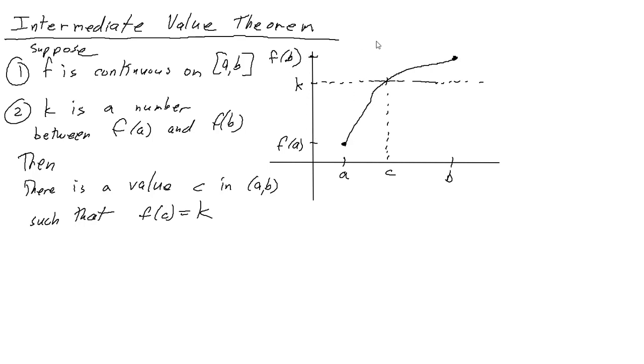It could go something like this and hit values greater than f of b, or it could go like this and hit y values below f of a. But just knowing that this is continuous, we can guarantee that it definitely hits all the y values in between f of a and f of b. So there will be some c value in this open interval a, b where f of c will be equal to that k value.